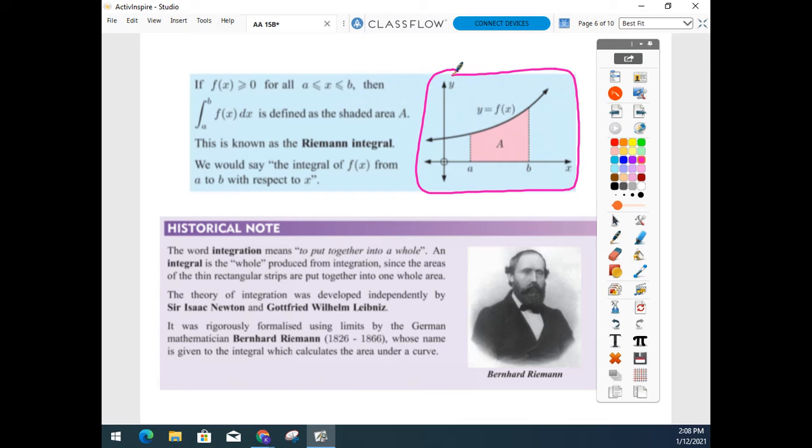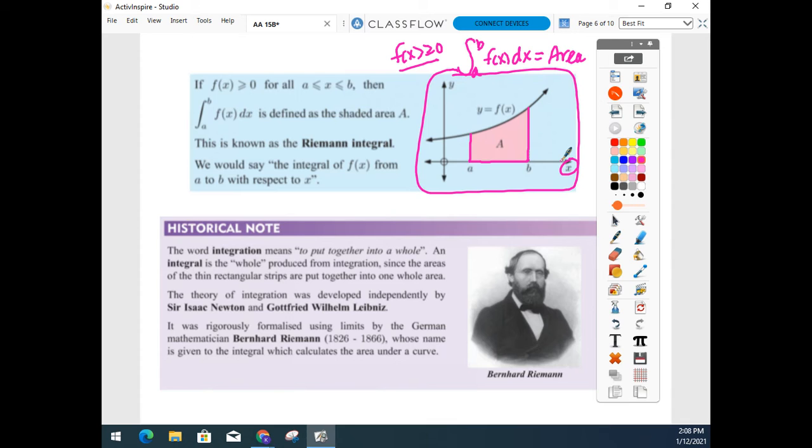And what I wrote: the integral from a to b of f of x dx equals the area if everything's above the x-axis. So the integral equals the area if the area is all above the x-axis.